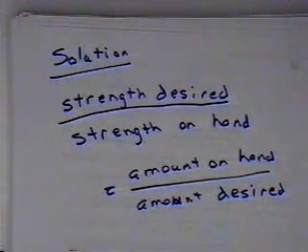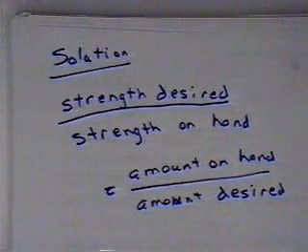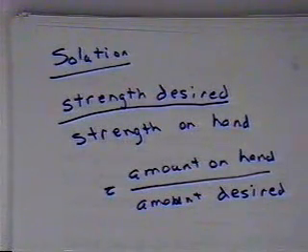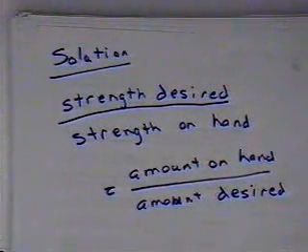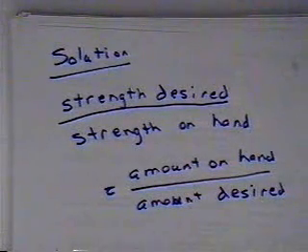We did this formula on the first test, but you are going to have to memorize this formula. There's going to be quite a few solution problems on the last test. Strength desired over strength on hand, amount on hand over amount desired.